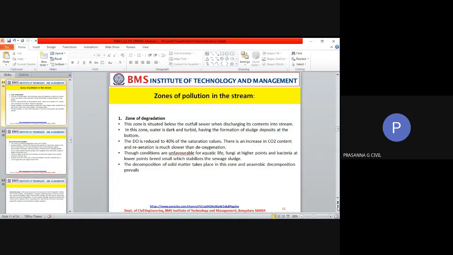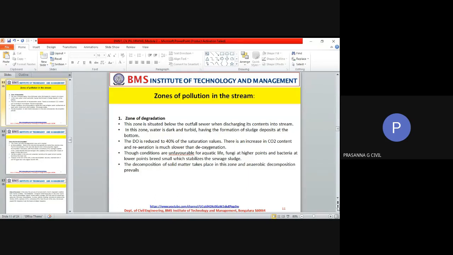But when wastewater is being disposed at any particular point in a stream, it actually gives us 4 zones. The zones are called zone of degradation, zone of active decomposition, then zone of recovery, and clear water zone.